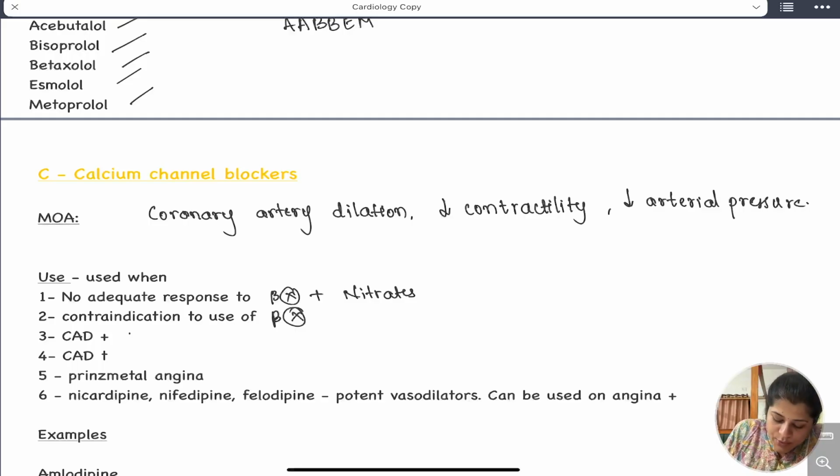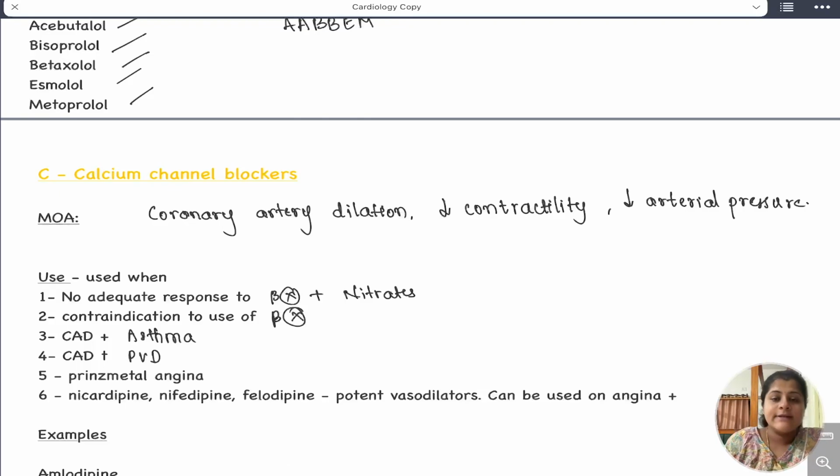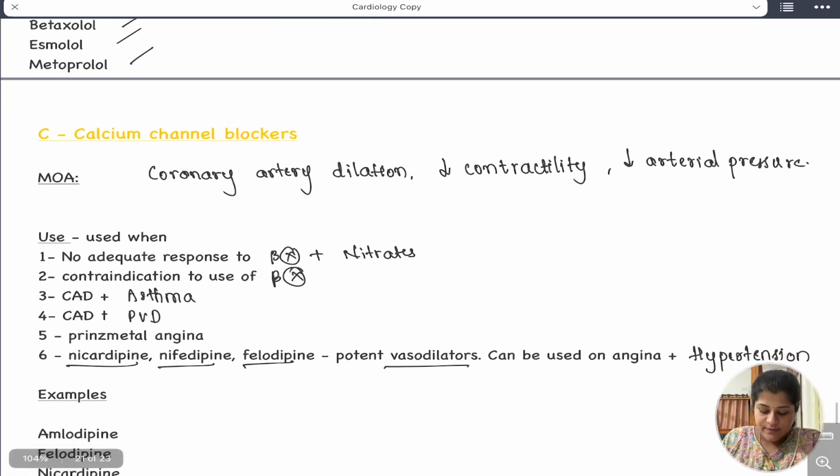Then coronary artery disease plus asthma. Then coronary artery disease plus peripheral vascular disease. Prinzmetal angina. Nicardipine, nifedipine, felodipine, these are potent vasodilators you can use in angina with hypertension. These are the main uses of calcium channel blockers.